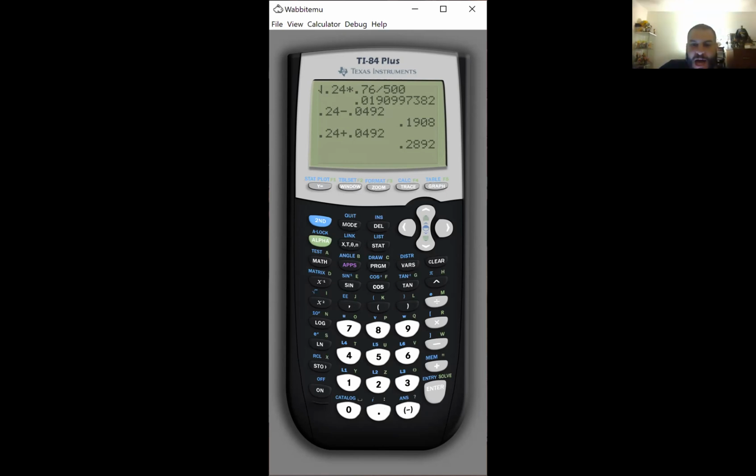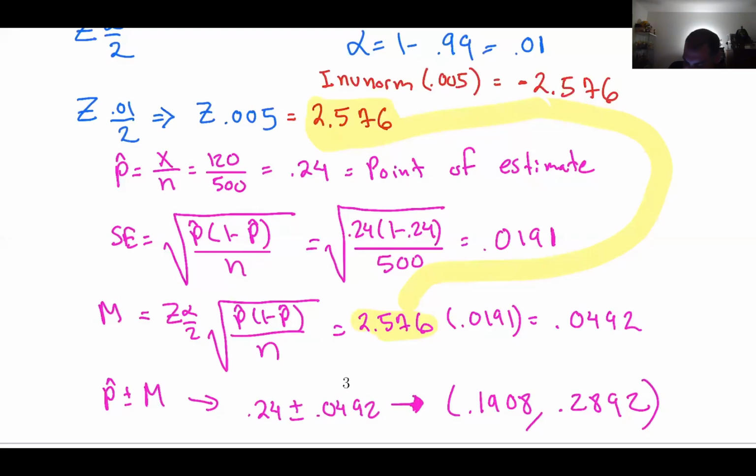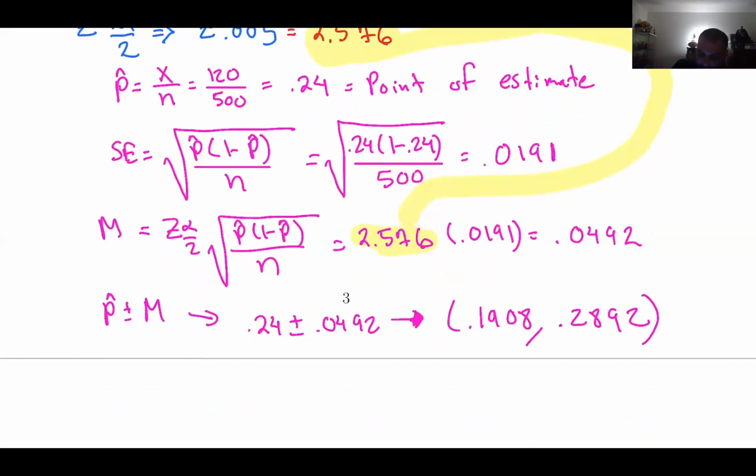Let me show you how I wrote it down in my notes. If you look at it, I put this one in the lower half, and this one in the upper half.